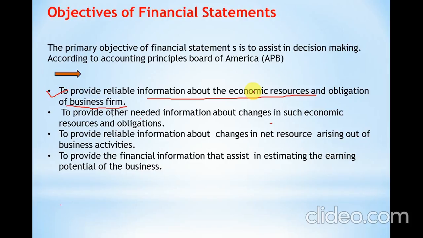The next point says to provide reliable information about the changes in net resources arising out of business activities. In the overall business activities, all the changes of net resources are to be provided by the financial statements. These are some basic objectives of the financial statements.